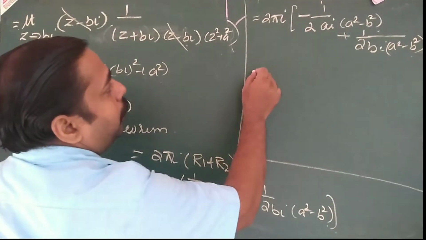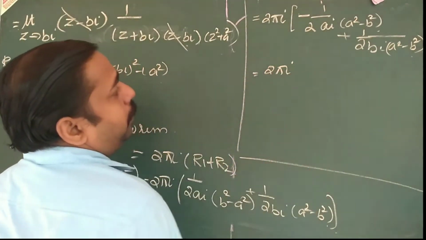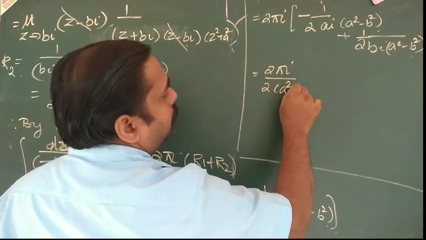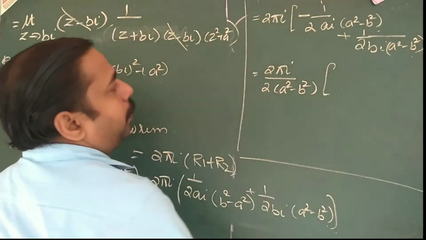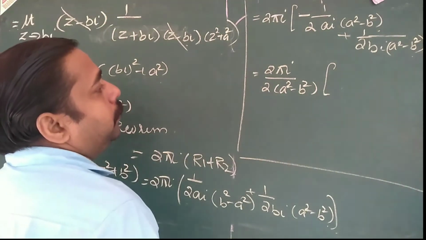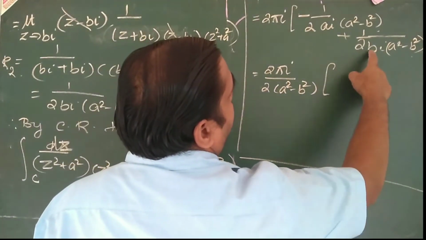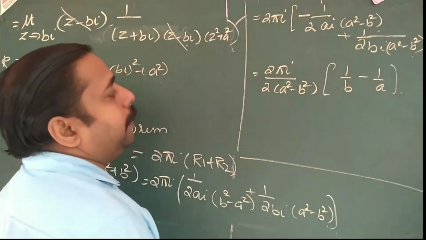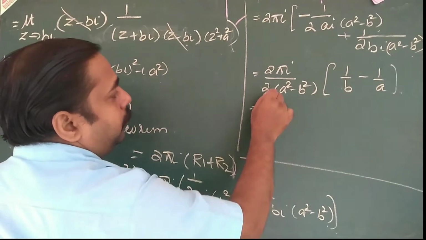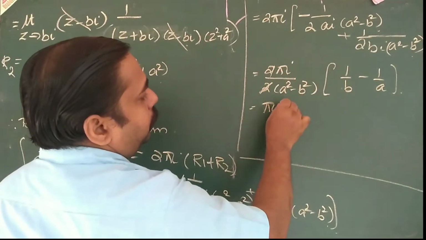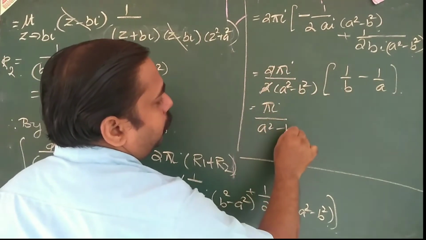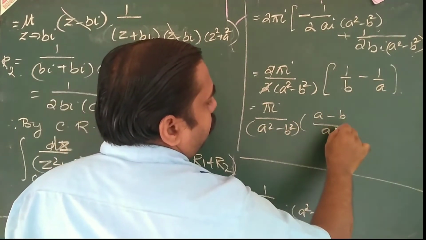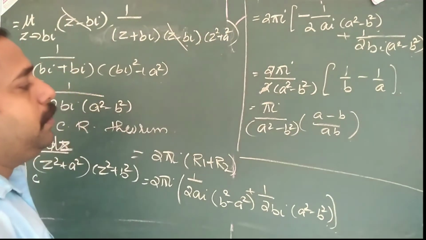Now in 2 pi i, the common factor is 1 by 2 into (a square minus b square). So remaining, here 1 by b, here 1 by a. So taking LCM, we get (a minus b).